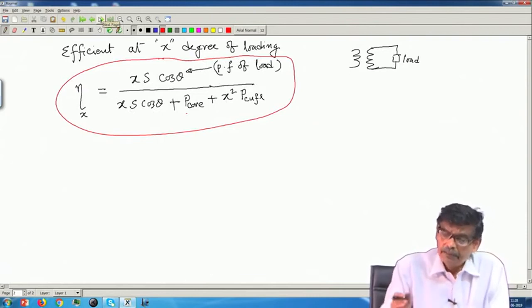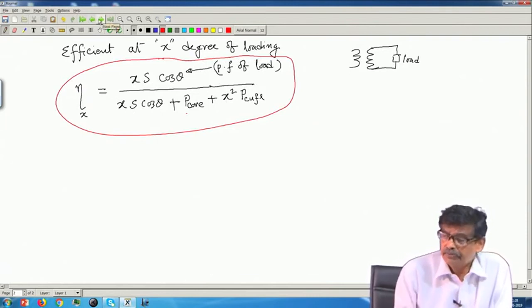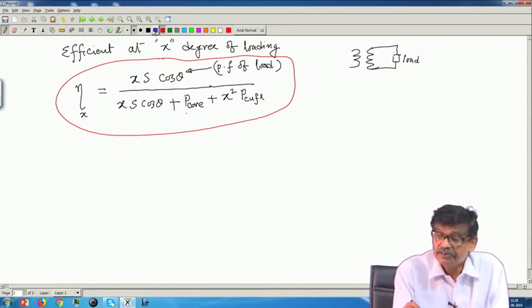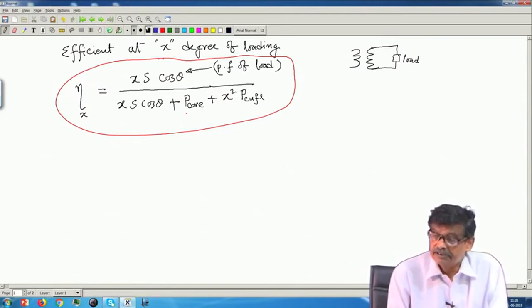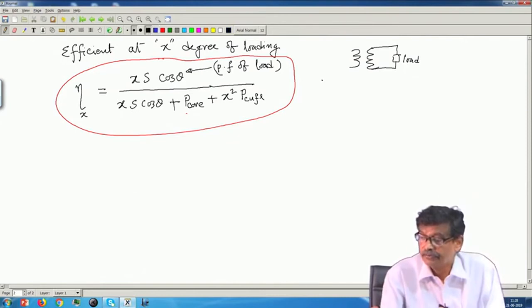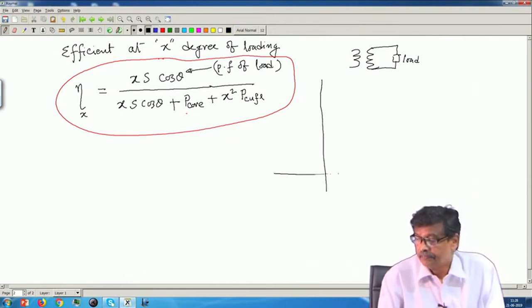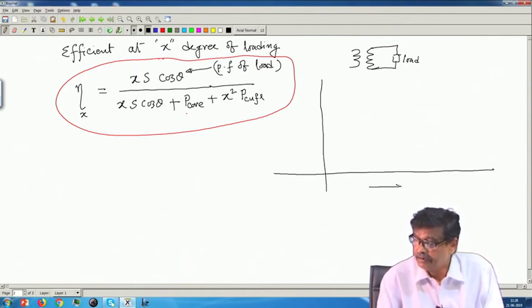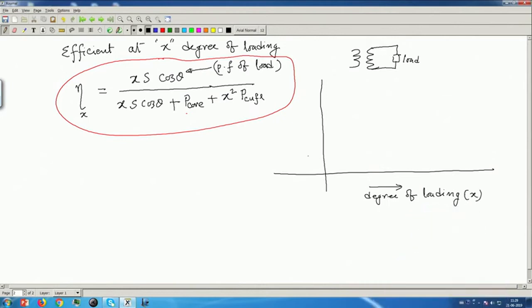Therefore, suppose I want to sketch the efficiency versus degree of loading. Here I will write degree of loading, that is x, and here I will plot the efficiency, how efficiency changes as you change x.